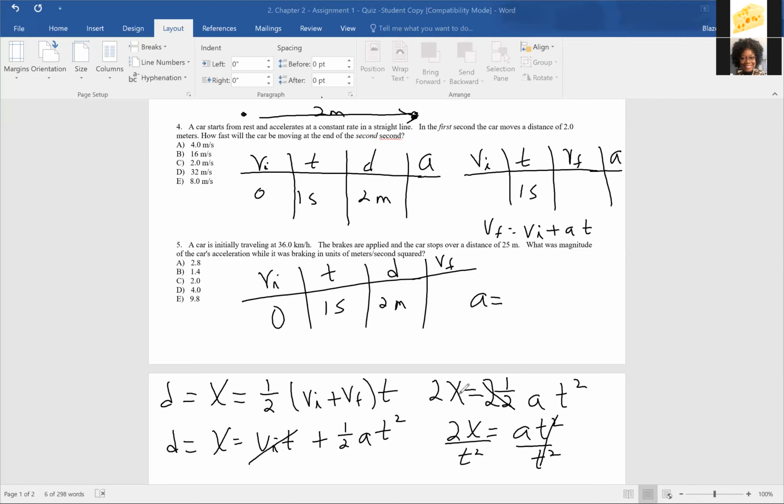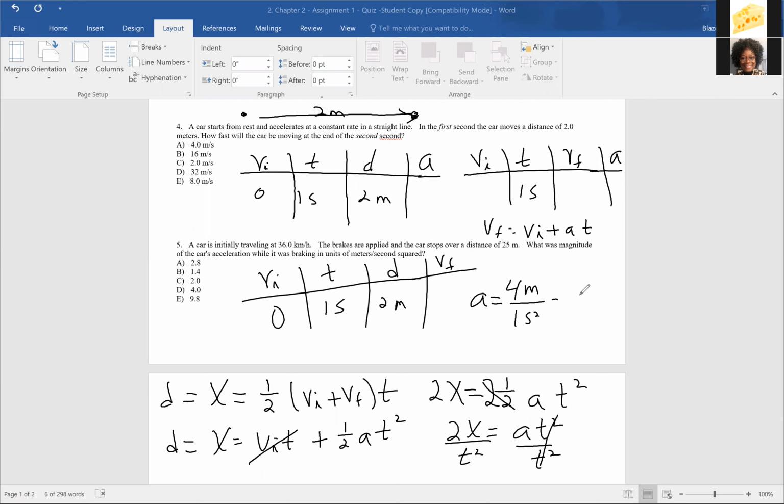But T is just 1, so my denominator is going to be 1. So 2 times X means 2 times 2 meters, which is 4 meters. And T is 1, so 1 second times 1 second is 1 second squared.